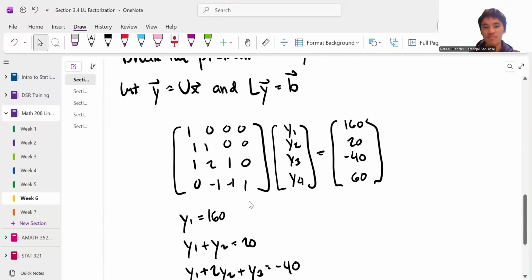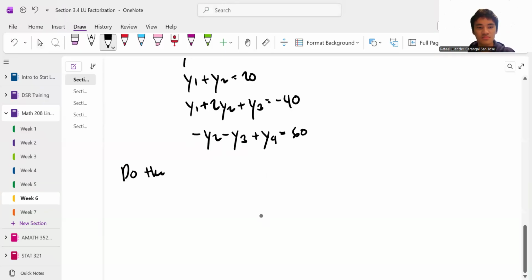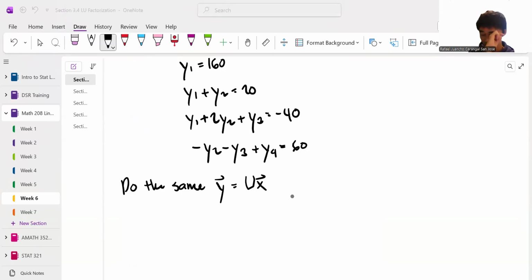We actually have a solution for all of these. We just use our usual back substitution method. Here I think we can all figure this one out, but we basically do everything for y and then for Ux.